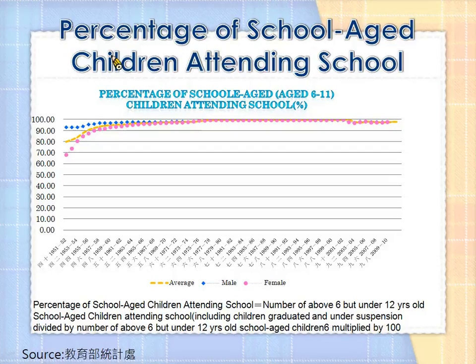Just calculate these levels of enrollment rate. And this is for the age of 6 to 11 children attending school. Due to the compulsory education policies, it actually reaches 100% now.